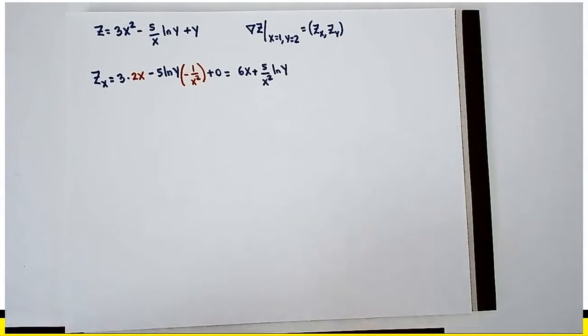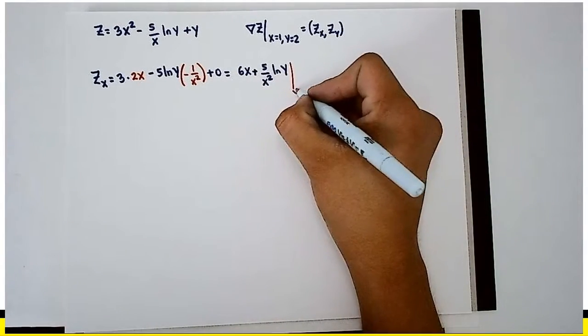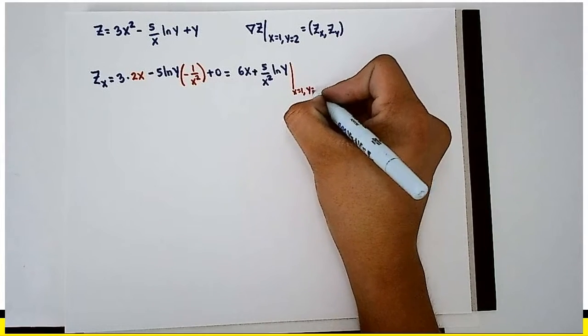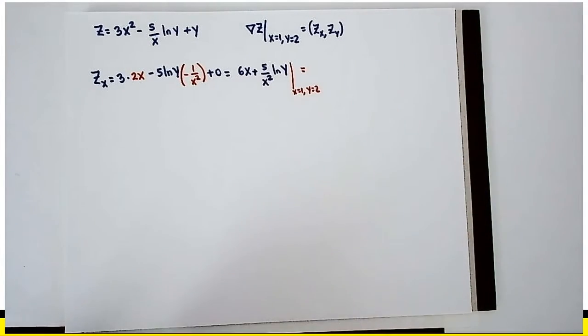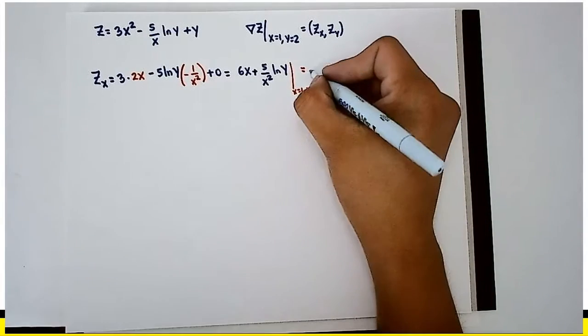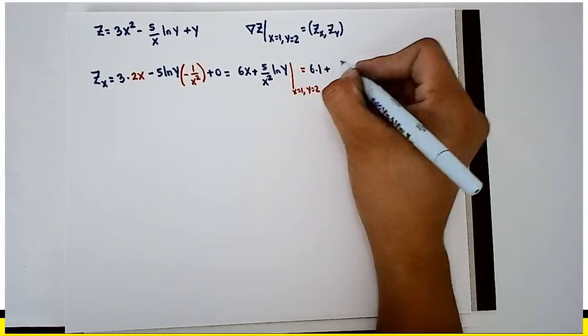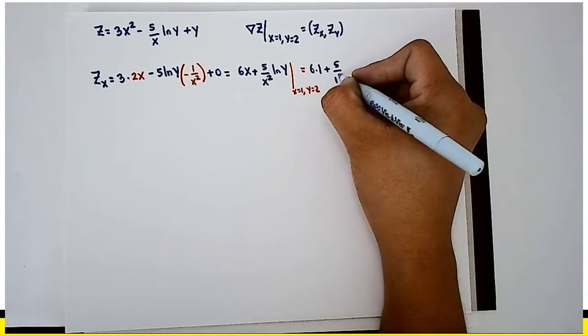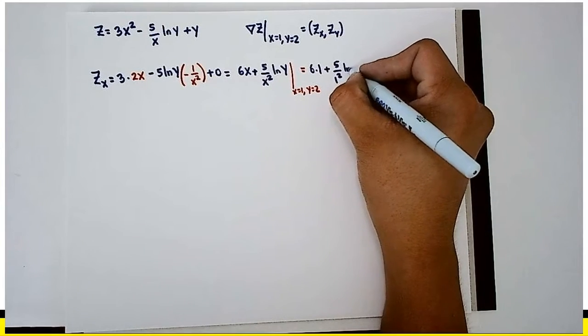And then we replace the values with x equals 1 and y equals 2. So this is 6 times 1 plus 5 over 1 squared log of 2.